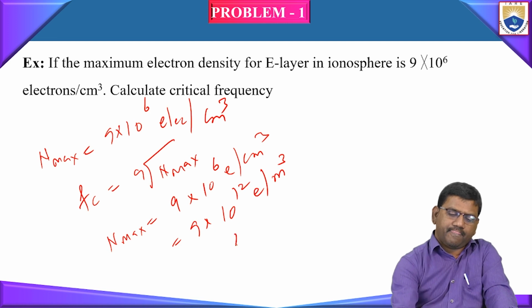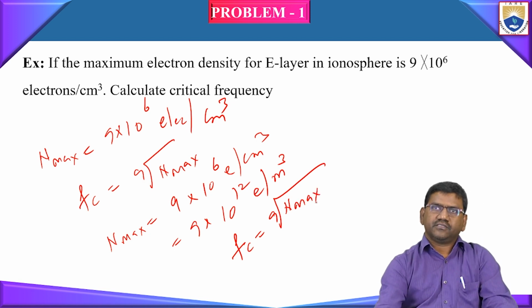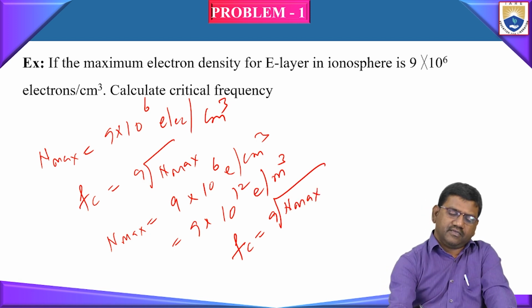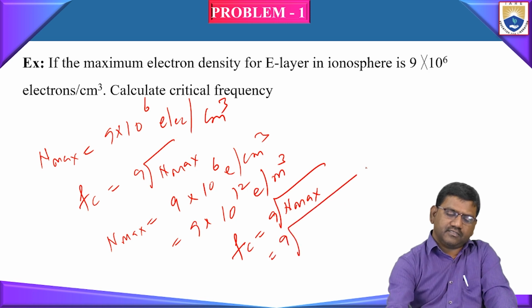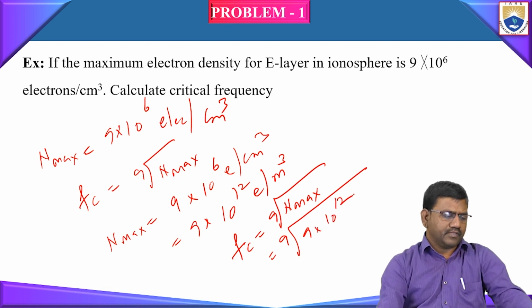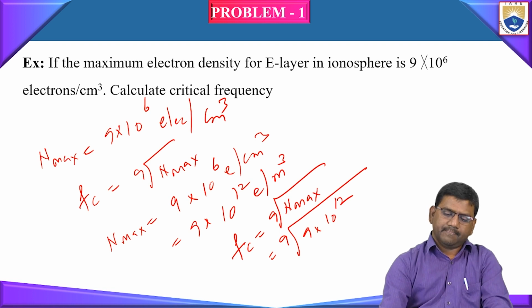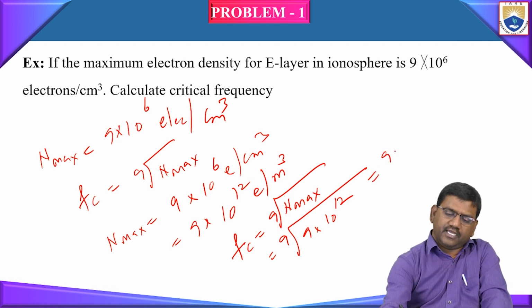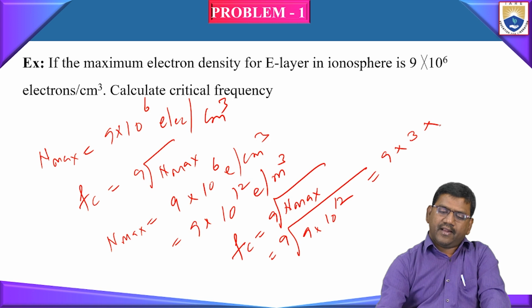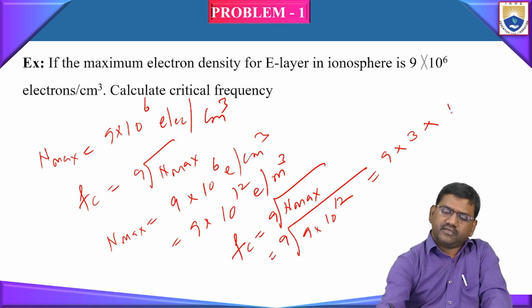So what is Fc here? Fc is equal to 9 root N max. Let us simplify this. 9 square root of N max means 9 into root of 9 into 10 power 12. Root 9 means it is 3, and root 10 power 12 means it is 10 power 6.